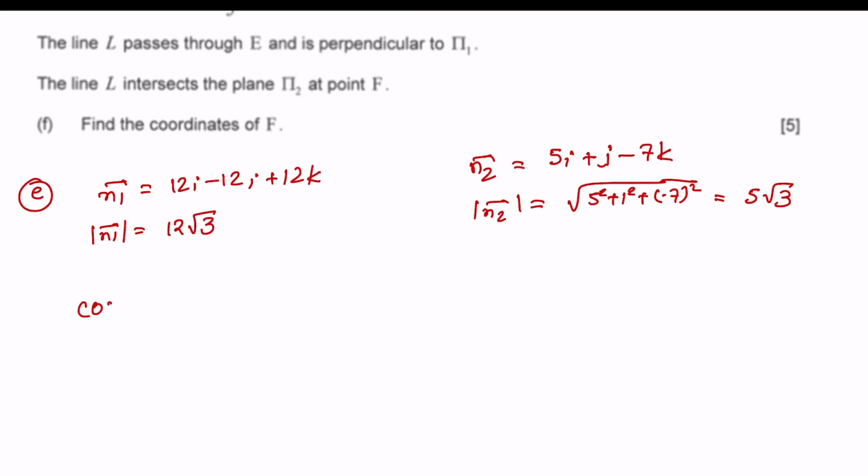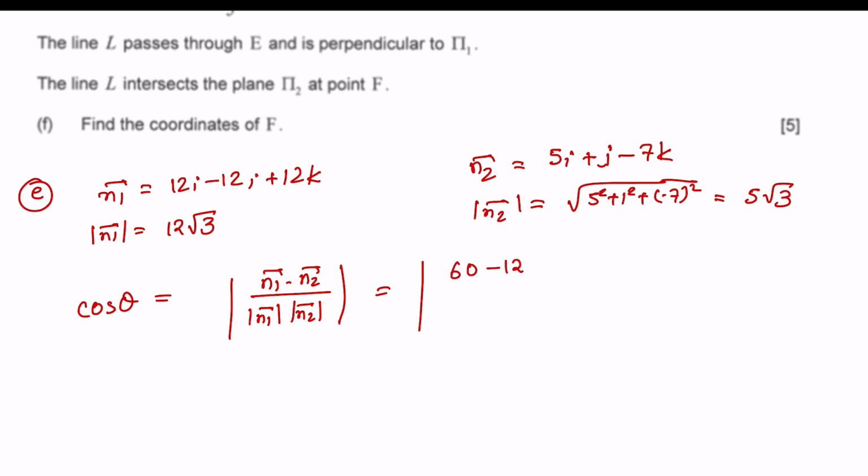Now cos theta will be given by this formula: mod of n1 dot n2 divided by mod n1 times mod n2. The dot product of n1 and n2 will be 12 times 5, 60, 60 minus 12, minus 12 and 4 is 84. Divided by 12 root 3 times 5 root 3.